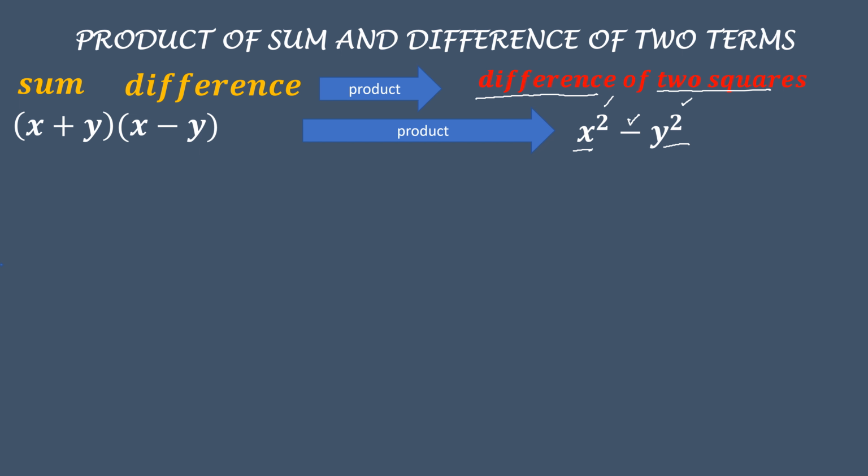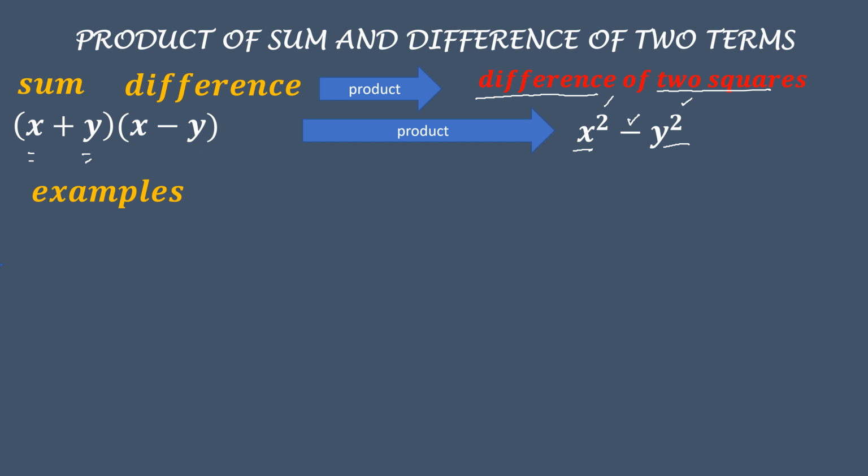The two squares come from squaring the first term and squaring the last term. And since the product is called a difference, there is no instance that the middle operation will be a plus, because it's a difference of two squares.